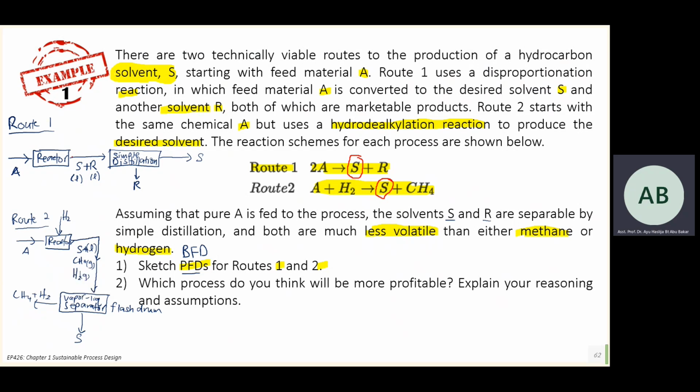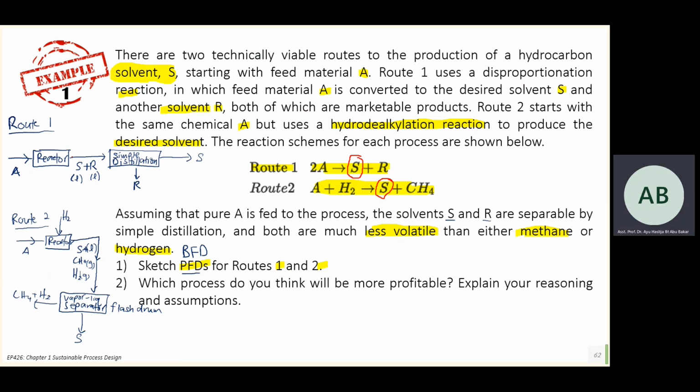It depends, up to your justification. Okay, we just stop up to this vapor liquid separator since we already get our solvent. Now, route 1 and route 2, we have reactor and separator.